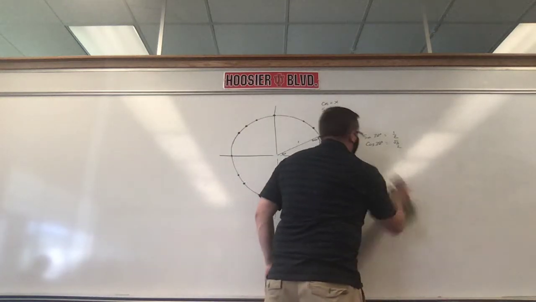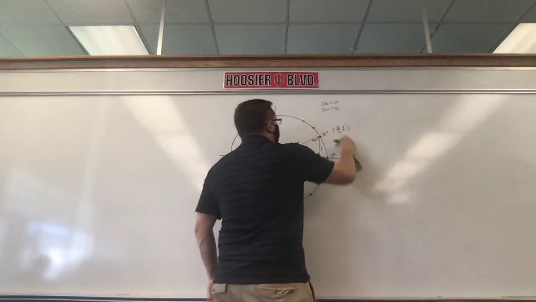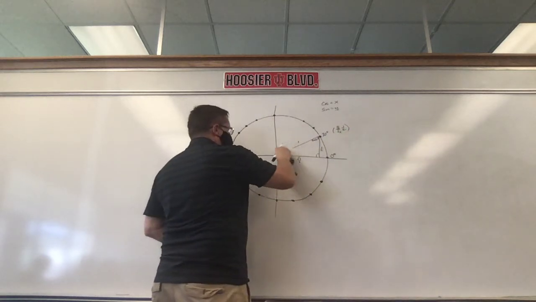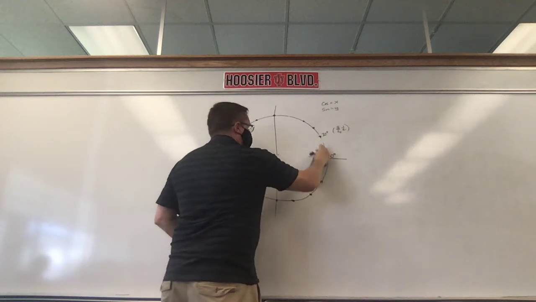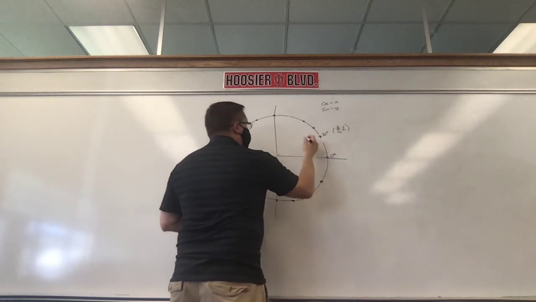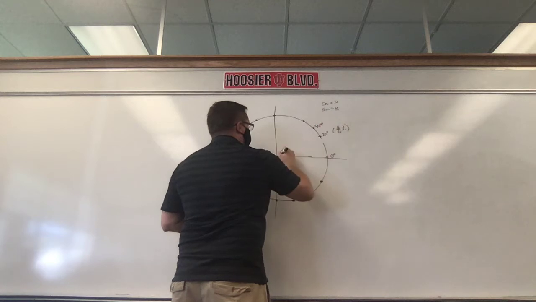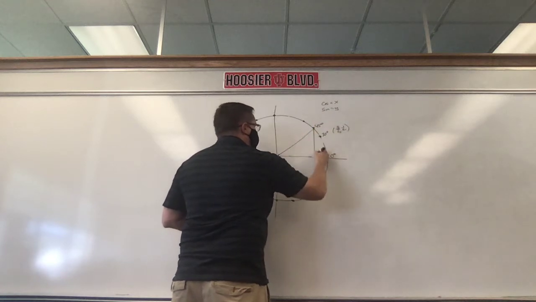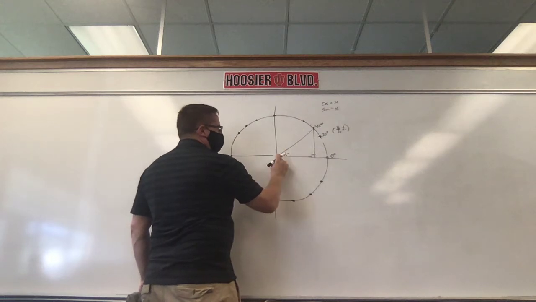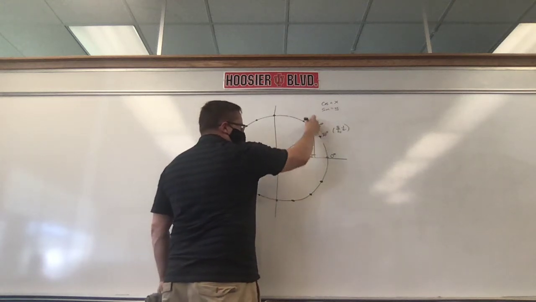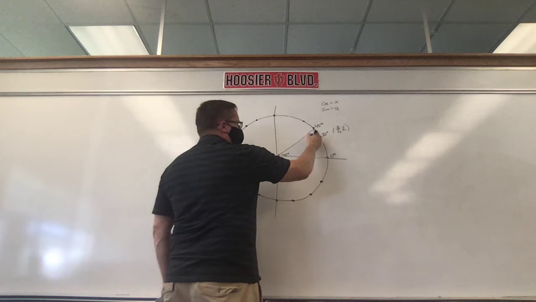Now, we did the same thing, and I'm going to erase all of this right here, at the next angle, which was 45 degrees on your unit circle. And if I drop that straight down, he's turned 45 degrees now. Well, if that's 45, and that's 90, if it's dropped straight down and forming a perpendicular, that's got to be 45.